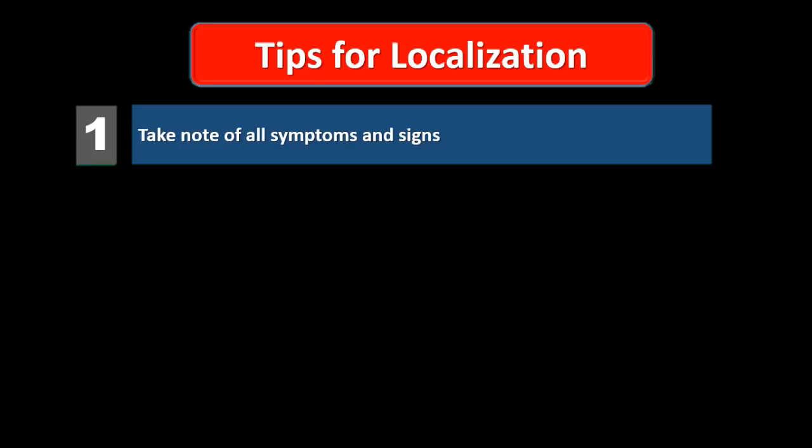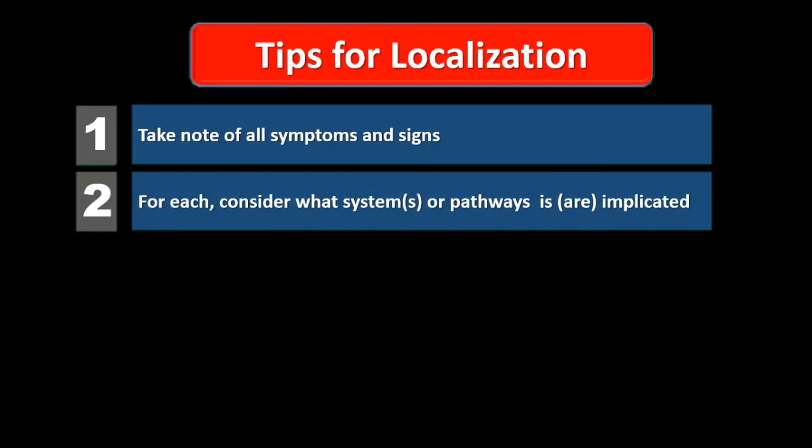Number one, take note of all the symptoms and signs. Gather them all. What are the pertinent neurological symptoms? What are your findings? Then for each, consider what system or pathway is or are implicated. A patient presenting with numbness on one side, then talk about the sensory pathway. A patient with double vision, look at the eye muscles, look at the nerves supplying the eyes.